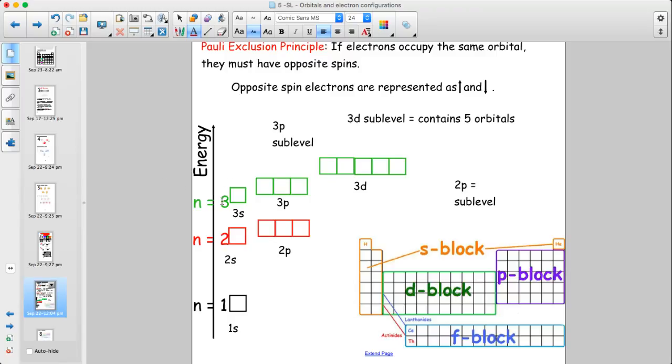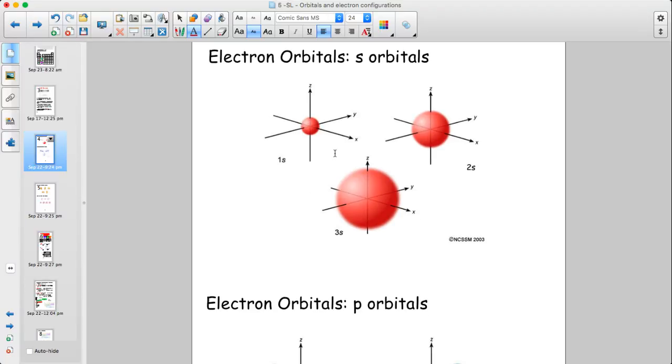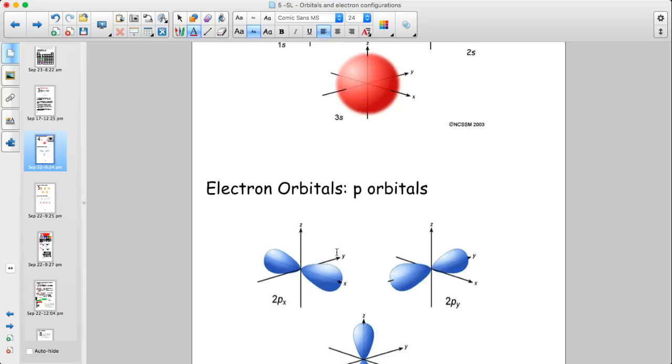Okay? Also going to pause and backtrack a moment. What should you be able to know about the shapes of these electrons? For s electrons, you should be able to sketch their shape on a 3-dimensional axis like this, recognizing that it has a spherical shape and that the 1s is the smallest, 2s would be larger, and 3s would be larger still.